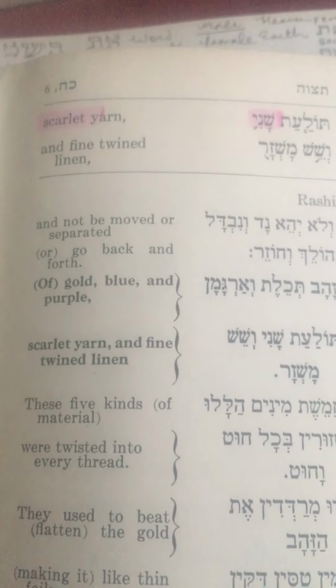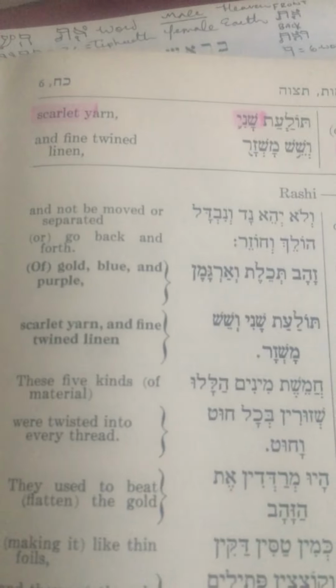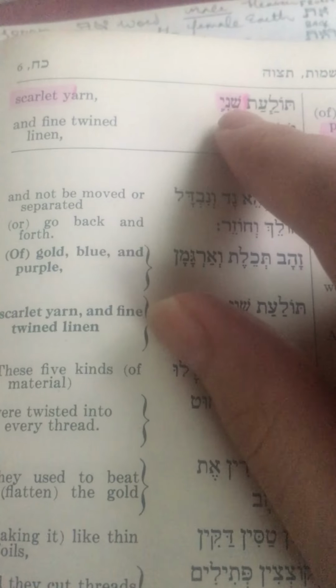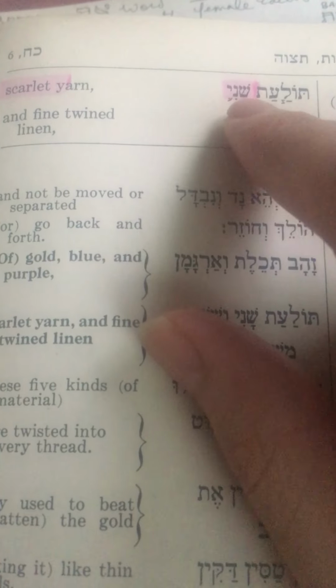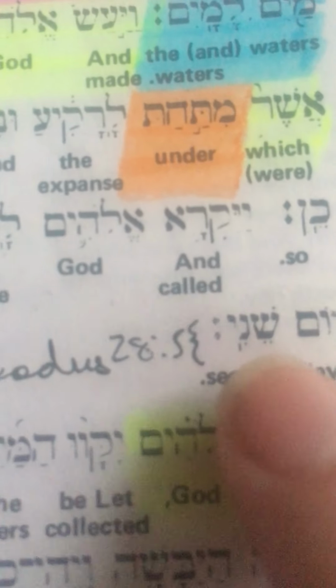In Exodus chapter 28, verse 6 here and 5, we read about scarlet yarn used for the tapestry of the inner sanctum. Here the word is shani. Shani. So scarlet.